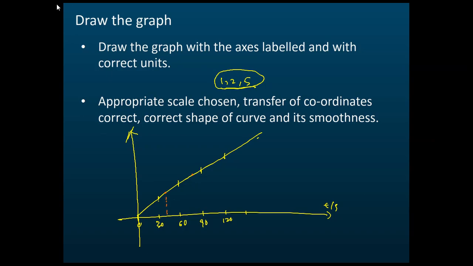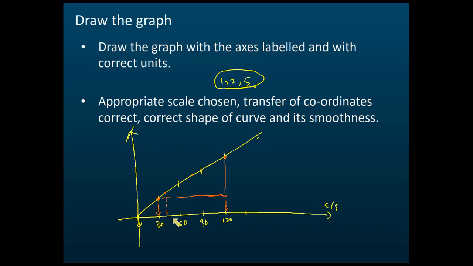So if you're asked to find gradients, then you choose this point to this point. Then you have no problem, because straight away you can tell that this point is 120 and this point is 30. The reason that we want to use 1, 2, and 5 and not other scale is because for other scale it's hard to tell what's the value in between.